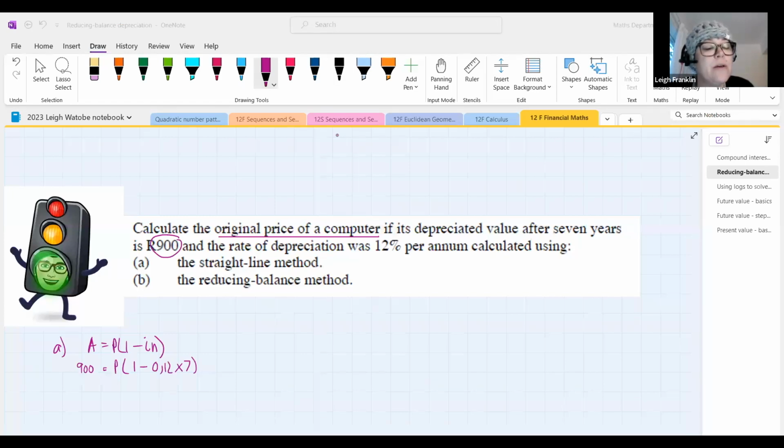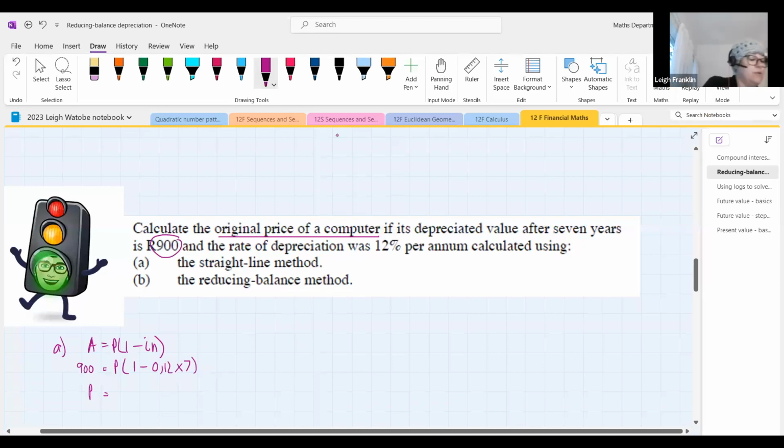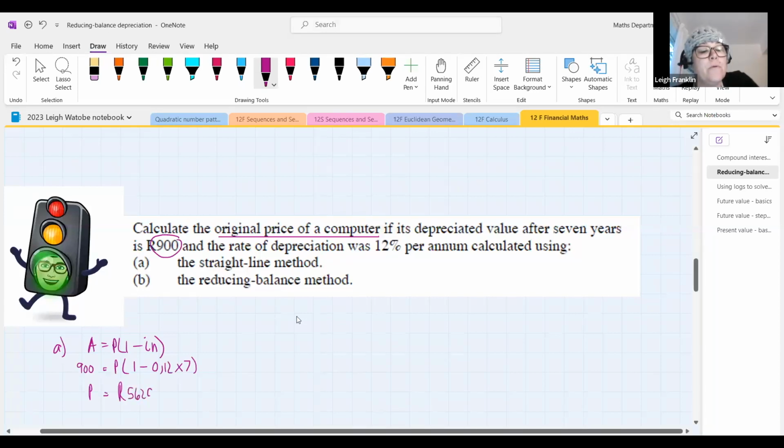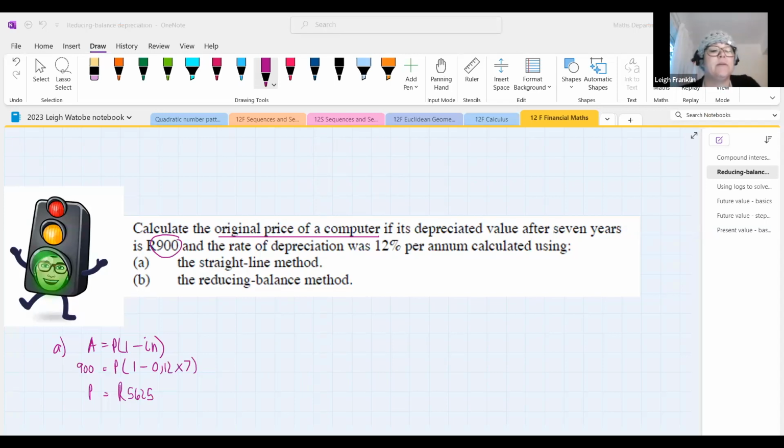So what are you getting as your P value? That's it. 5625. Well done.